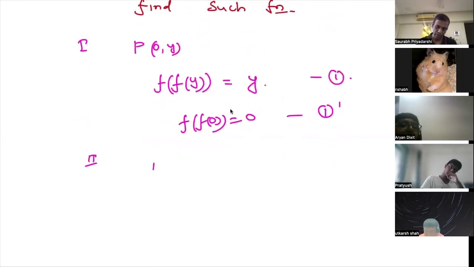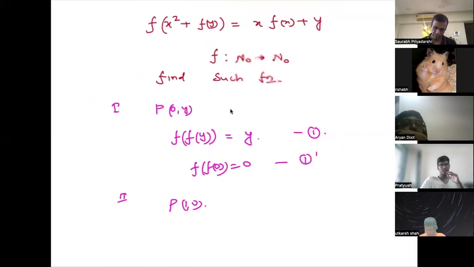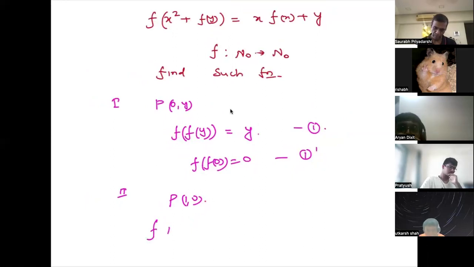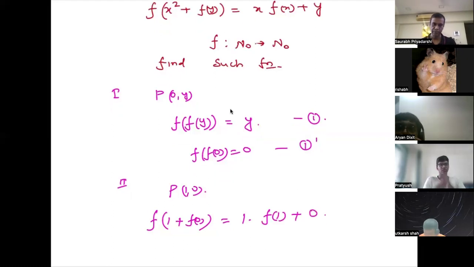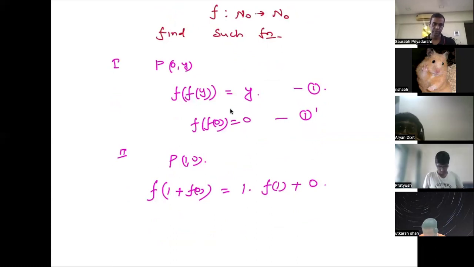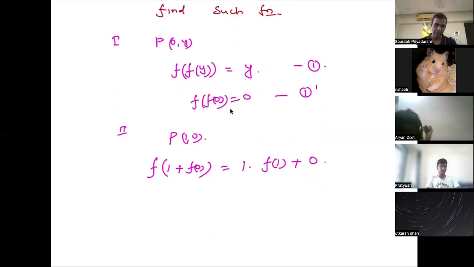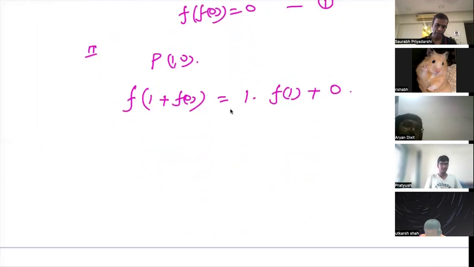Now if I put x is 1, y is 0, what number am I getting? f of 1 plus f0 is equal to f of 1.